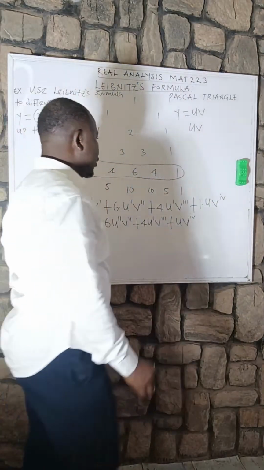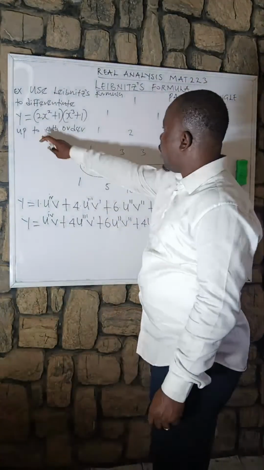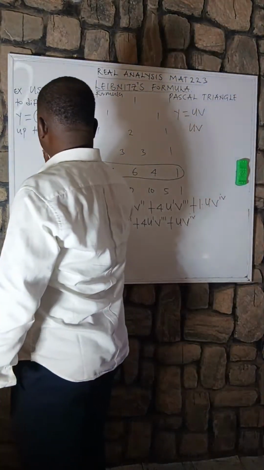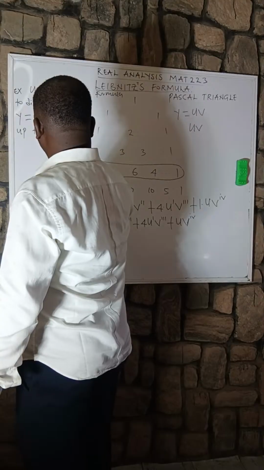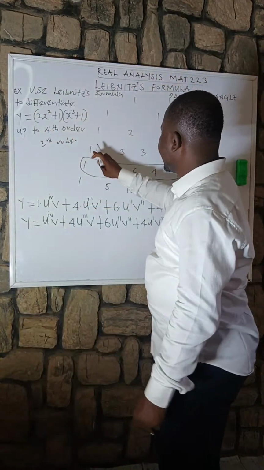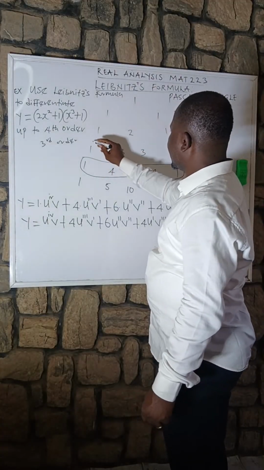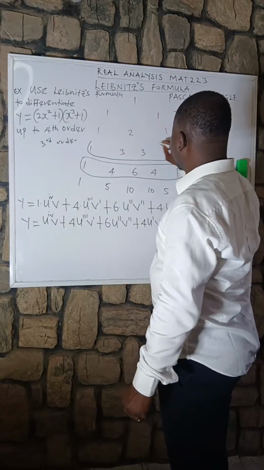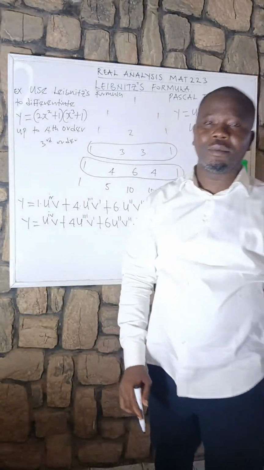Is that clear? But supposing they said up to third order, what you need is this: 1, 3, 3, 1. So you just make use of these coefficients. Are you following?